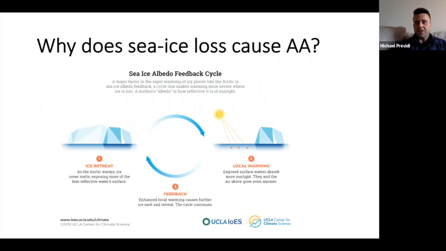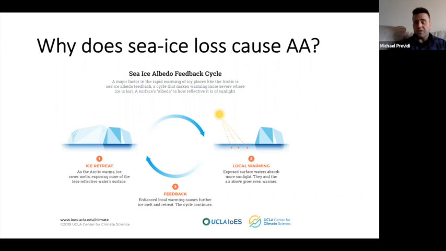Sea ice albedo effects, Mike already gave an introduction to this at the start of our talk today. So just to review, the idea is that if we follow these different steps here that are indicated in the schematic, as the Arctic warms, so step one, as the Arctic warms, ice cover melts, which exposes a less reflective water surface underneath the sea ice.